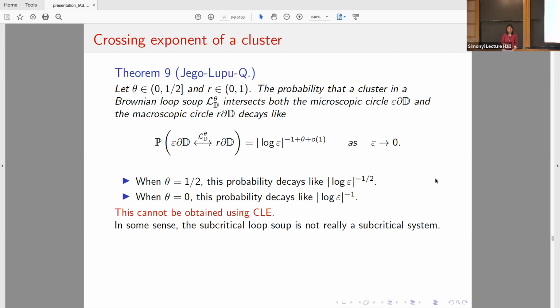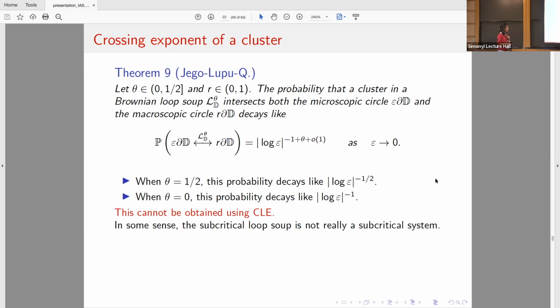Previously we already knew many exponents about the Brownian loop soup due to its connection to SLE and CLE, say like the outer boundaries of the clusters. But this is about the probability that a cluster goes close to an interior point. In particular, that point will not be on the boundary of the cluster. So this cannot be obtained using SLE.